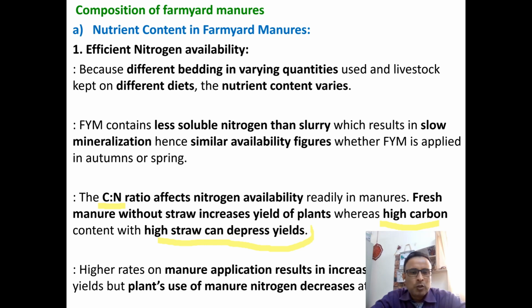Because animals are kept on different bedding materials in varying quantities, and livestock are kept on different diets, the nutrient content of these manures varies. It depends upon what your aim is. If you want to generate a manure for a longer period of time, then the carbon upon nitrogen ratio should be higher.